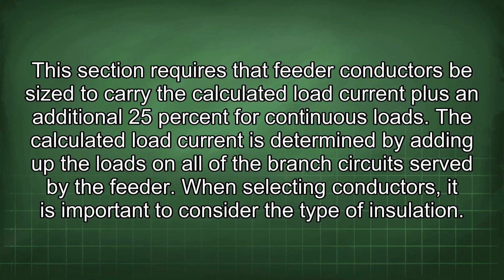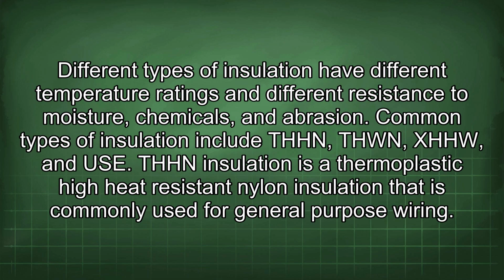When selecting conductors, it is important to consider the type of insulation. Different types of insulation have different temperature ratings and different resistance to moisture, chemicals, and abrasion. Common types of insulation include THHN, THWN, XHHW, and USE. THHN insulation is a thermoplastic high heat resistant nylon insulation that is commonly used for general purpose wiring.